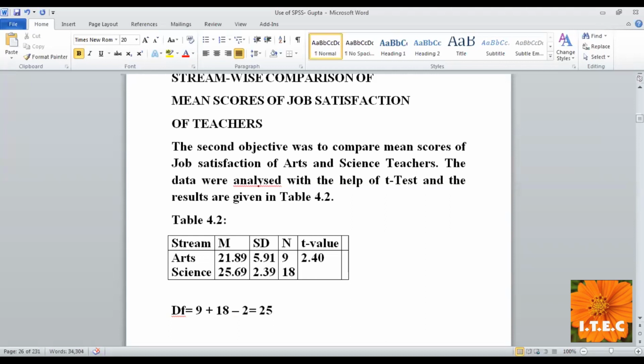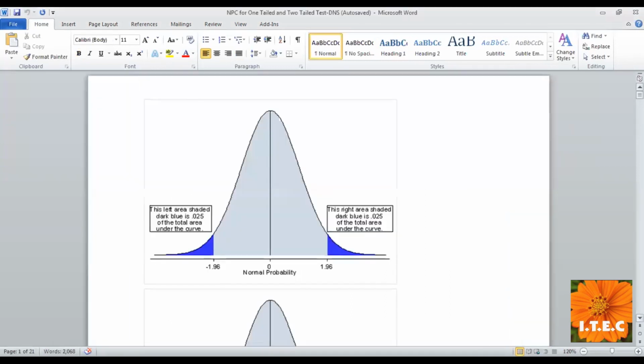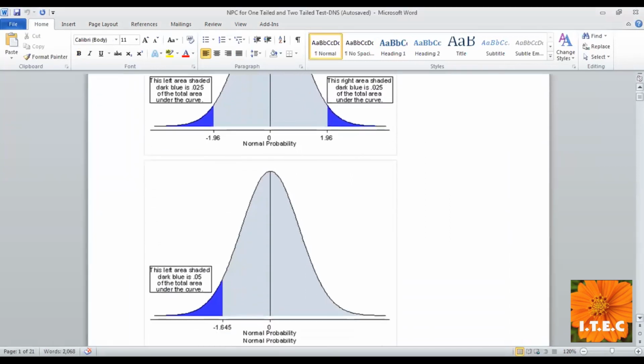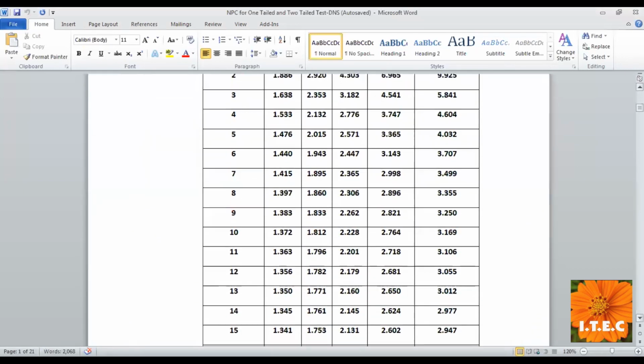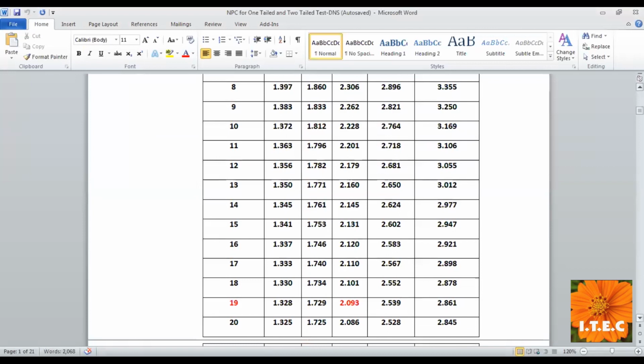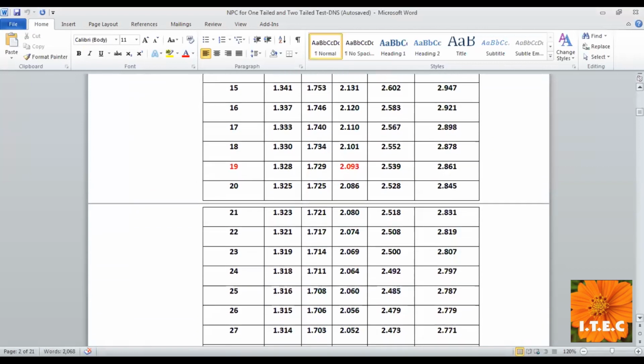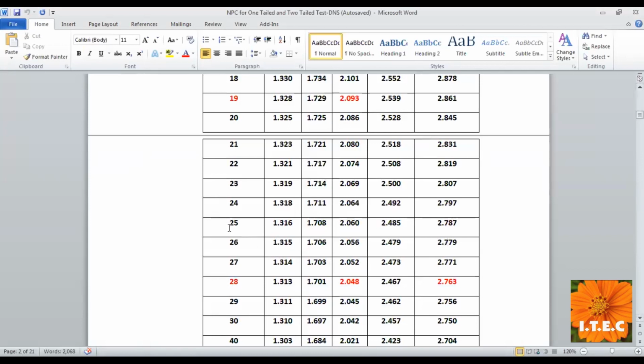So let us see the T value. DF is equal to 25. This is 25.